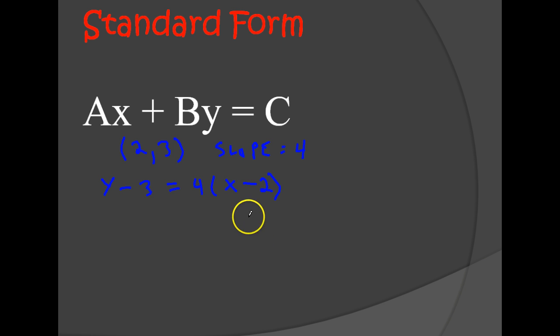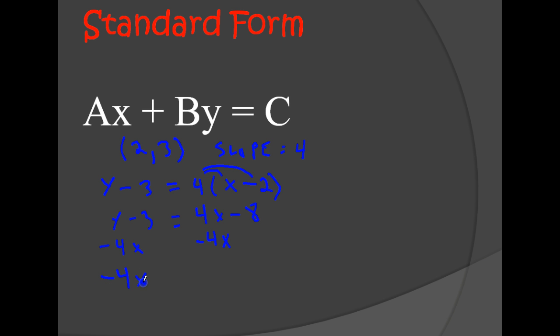Okay, I want to put this into that form, so I need to get all the x values over here, all the constant numbers over here. So let me distribute this 4 first. 4x minus 8. I'll have my y minus 3 over here. I'll subtract 4x on both sides so that I can get my x values on the left side.